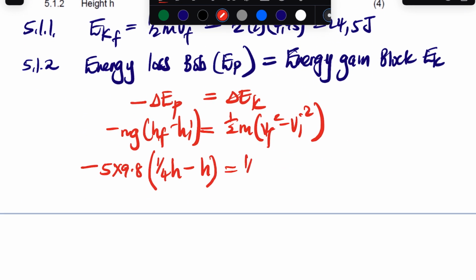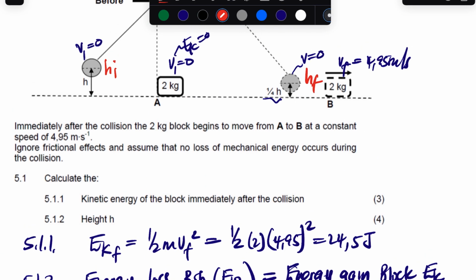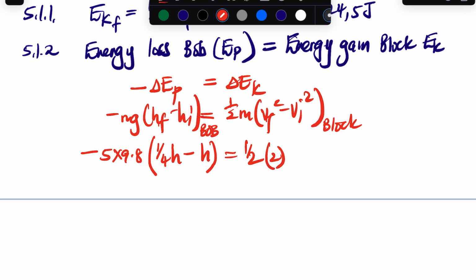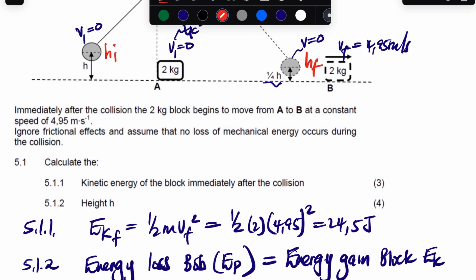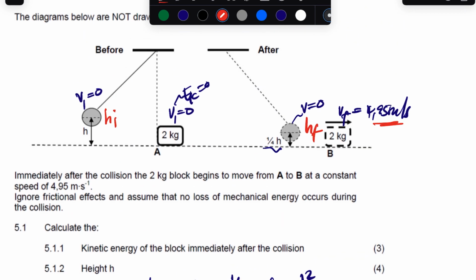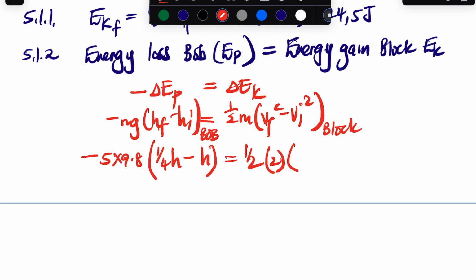And then in this one, this is the bulb, and this is the block. The mass of the block is 2, and we multiply by the final velocity. The initial velocity of the block was 0.